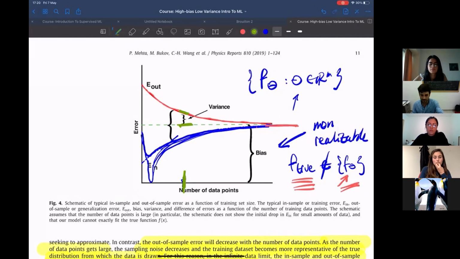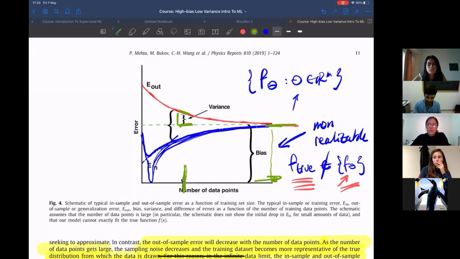It quantifies the error between the best function in your hypothesis class, the one you would learn if you had infinitely many data points, which would lead to an error equal to the bias, and the function that you are actually learning for a finite number of data points.